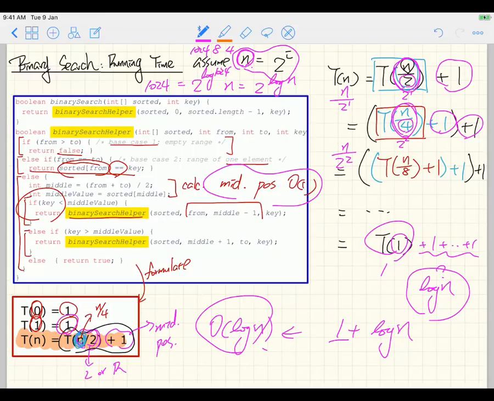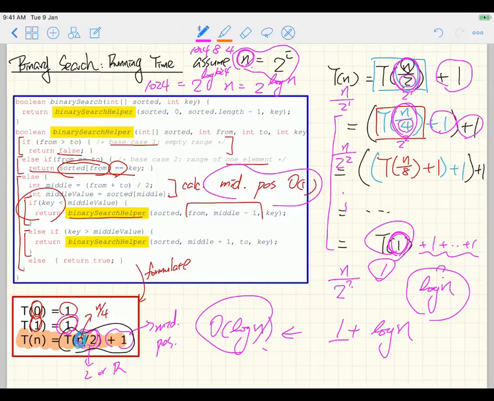Eventually, we want to get to some part where n divided by 2 to the power of something gives us 1. By definition of log, that's exactly the log you will get. Basically, we want to calculate exactly how many times we have to go from n down to 1. You will see something very similar when we talk about Mergesort today, which I keep promising. I will definitely talk about it today.